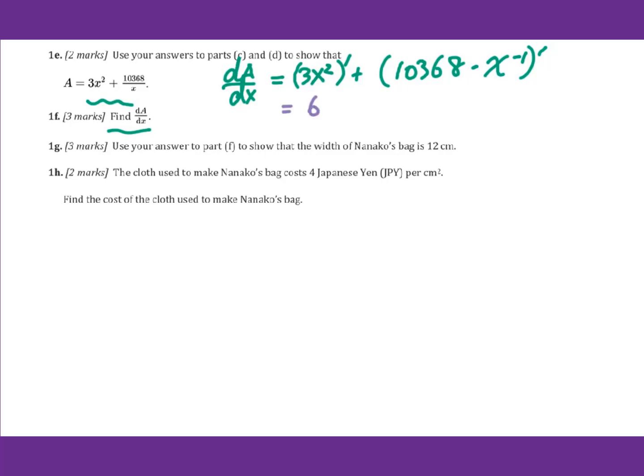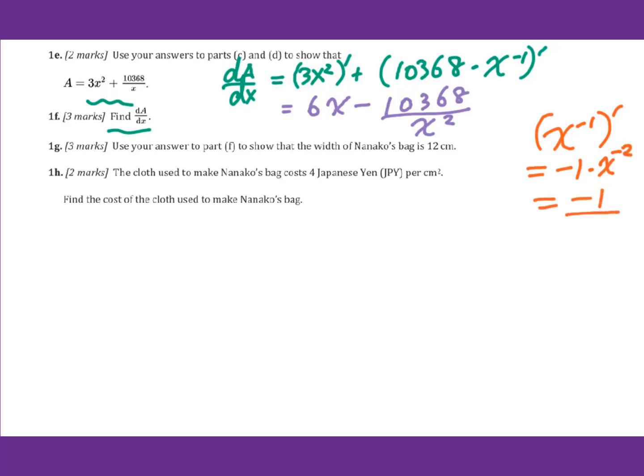So we have 6x minus 10368 over x squared. Remember, for x to the negative first power, when we do derivative, you will get negative 1 times x to the negative second power. Therefore, you get negative 1 over x squared.